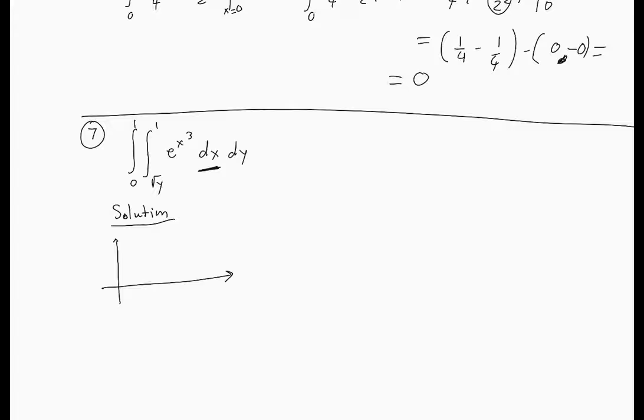So the left boundary here is x equals square root of y, and the right boundary is x equals 1. x equals square root of y, if that confuses you, just solve for y. It's x squared is equal to y, which is your usual parabola.